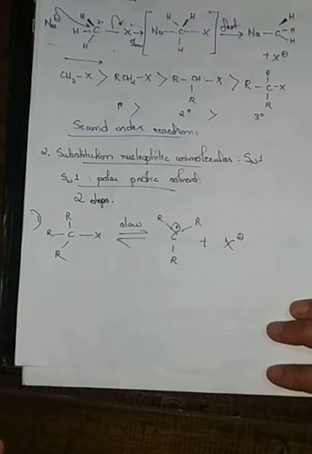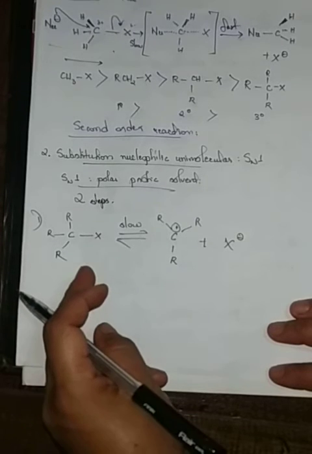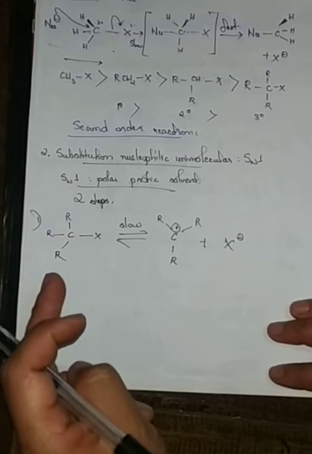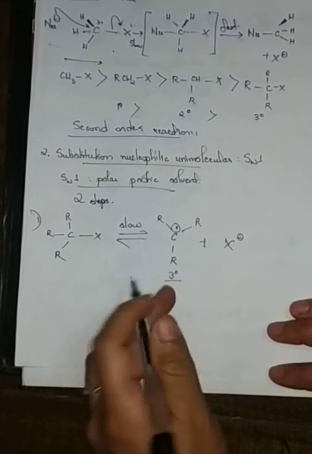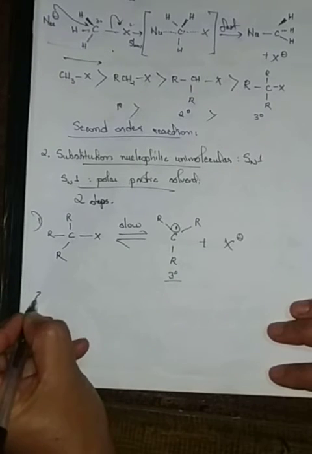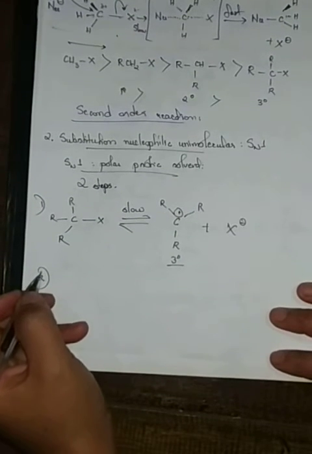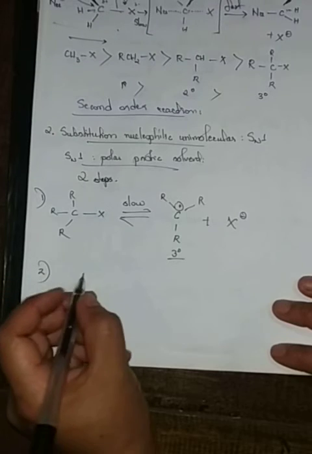Therefore, in this case, the tertiary haloalkanes undergo SN1 mechanism at a faster rate because of the high stability of our tertiary carbocation. This is the first step. Now in the second step, it involves the nucleophilic attack on the carbocation.